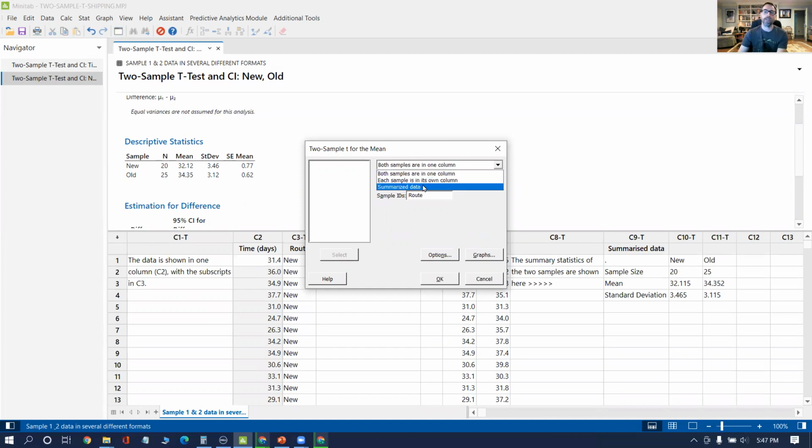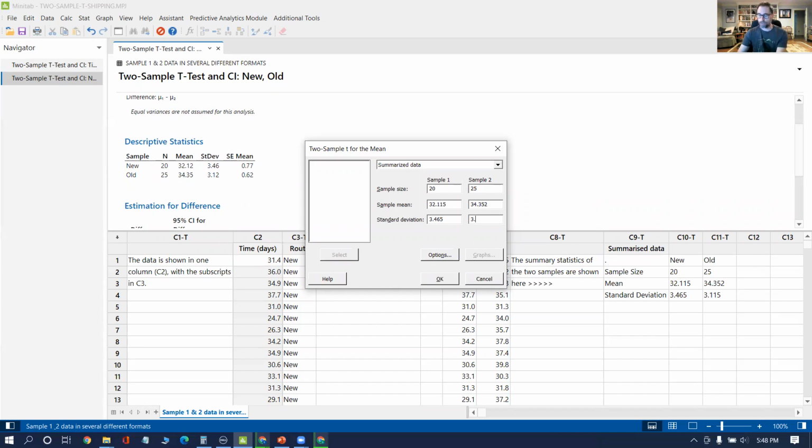We can also do this with summarized data. So for sample 1, we know that the sample size is 20. The sample mean is 32.115. Standard deviation is 3.465. Sample 2, the old route, sample size is 25. The mean is 34.52.